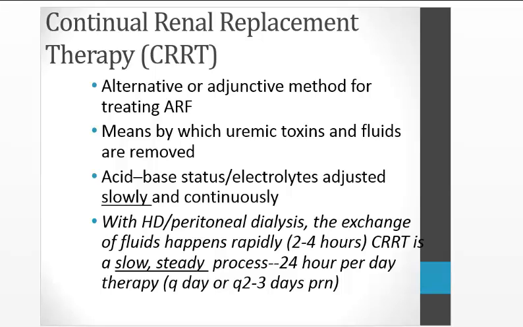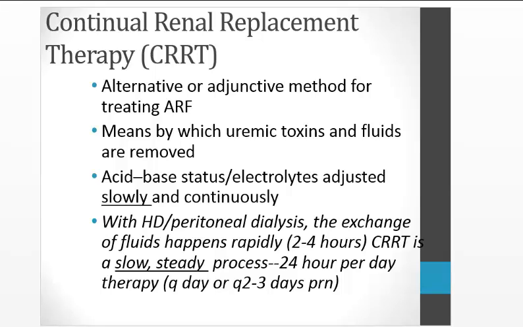However, most of our patients who are in the ICU can't tolerate that amount of fluid being drawn off in 2 to 4 hours. Because if we were to draw that amount of fluid off that quickly, we can cause hemodynamic instability. And so there is an alternative to very fast hemodialysis.